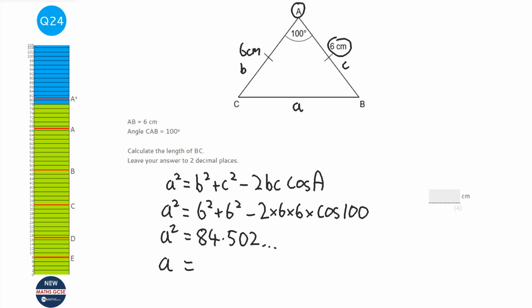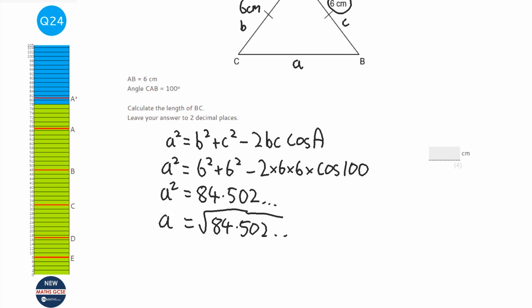I'm not going to round it. So a is the square root of that, so I might as well just show the examiner that I'm doing that. So I'm square rooting it. So what I'm going to do is just press the square root button on the calculator and then press answer equals, so a equals 9.192 blah blah blah. So to 2 decimal places it's 9.19.